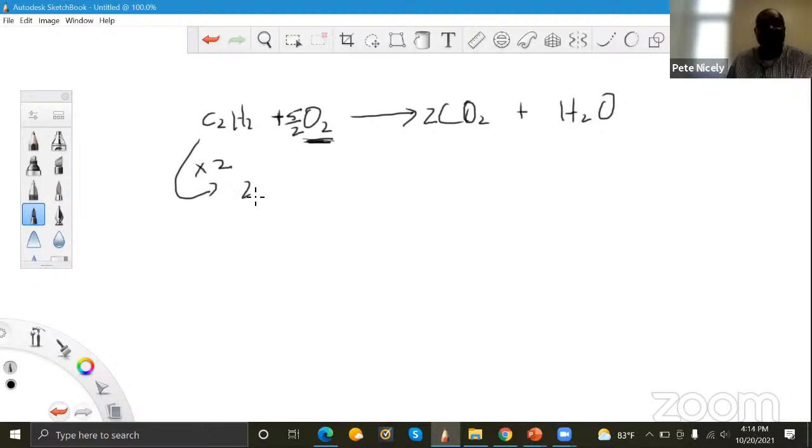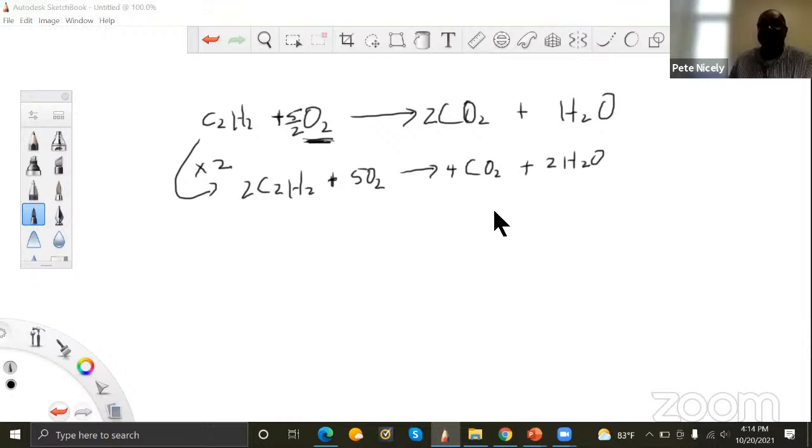So that will give us 2C2H2 plus 5O2 to give 4CO2 plus 2H2O. And that's basically how that is done. All right, so that's the first one.